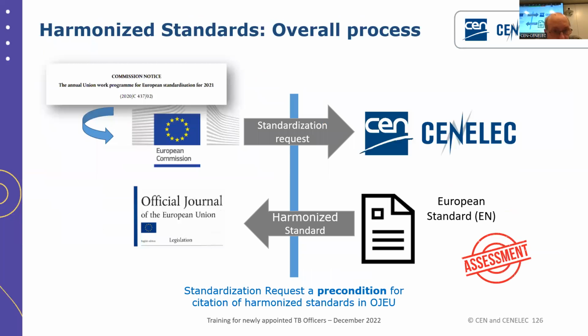So I will not enter into it because you are quite late in the process. Basically, there is a request for standards coming from the Commission. It is addressed to CEN. We approve it, and when we approve it, we need to develop a series of standards. And in order to achieve a proper list of harmonized standards, we need to have those referred in the OJE.